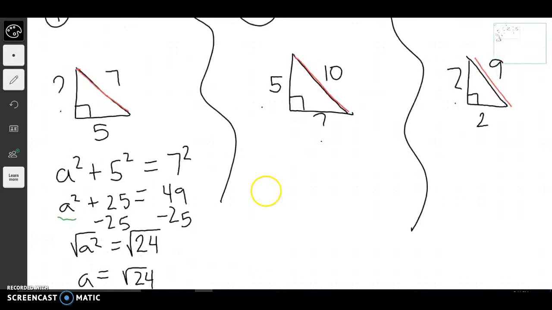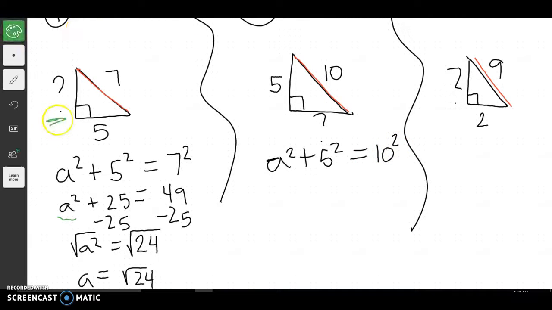Okay. Let's look at this next one. So in the next example, we would have a squared plus 5 squared equals 10 squared. And again, if you remember before, even though these moved positions, the reason I didn't call them a different name is because a and b are interchangeable.